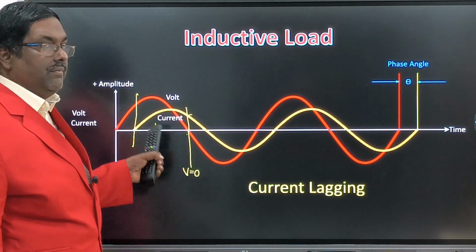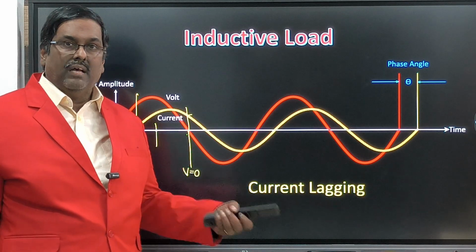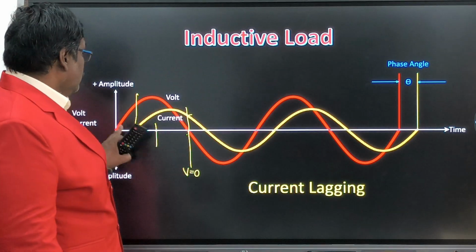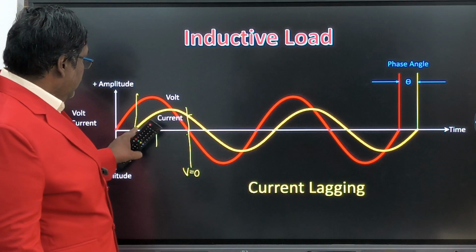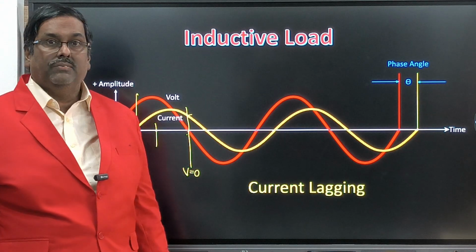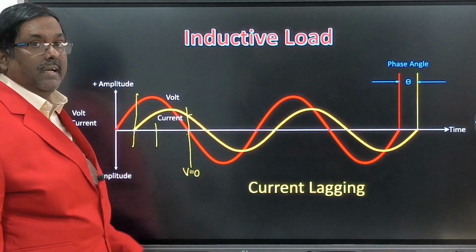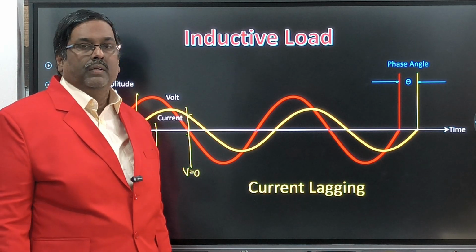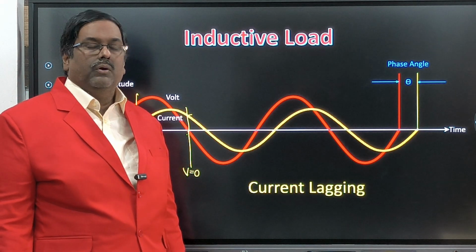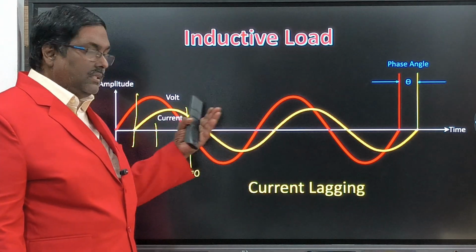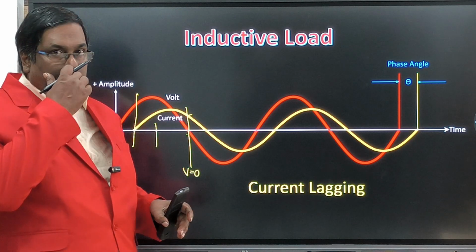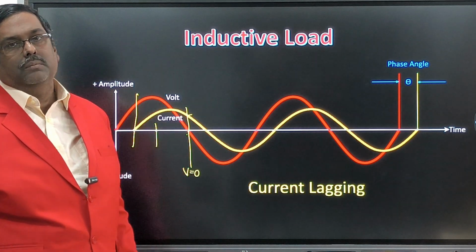But definitely we will not supply a pure inductive load, it has resistance and other things also. So you will get some phase angle difference, that is called cos phi. We have to reduce it as much as possible. Definitely you cannot make it 1. 1 is the unity power factor. You cannot advance the current and make it 1. Making it 1 is very, very difficult, it's not possible.